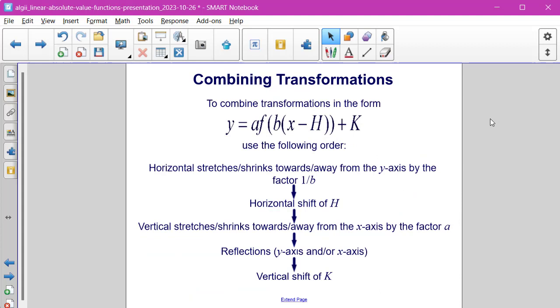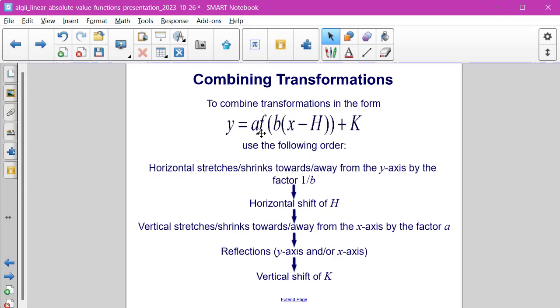Another form used to combine transformations is y is equal to a times f of, and then in parentheses we have b times the quantity x minus h, and then plus k. Some people will prefer using this method because it gives away the vertex and its x-coordinate right away.